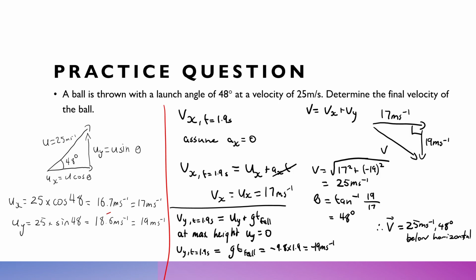Note here that the vector for the final velocity of the projectile is essentially equivalent to the initial velocity of the projectile. We just have the velocity vector pointing below the horizontal instead of above it.